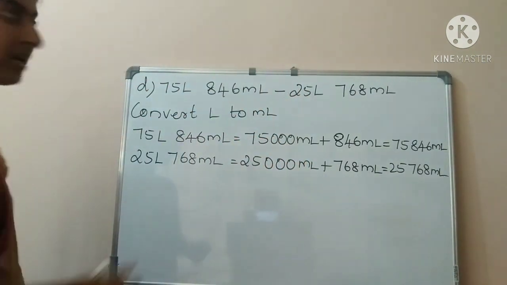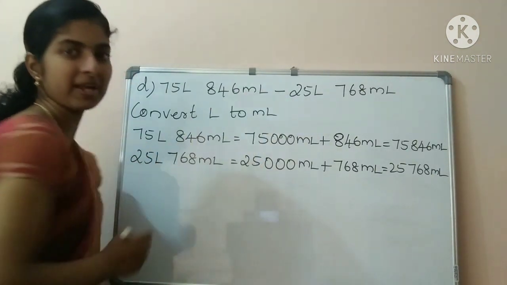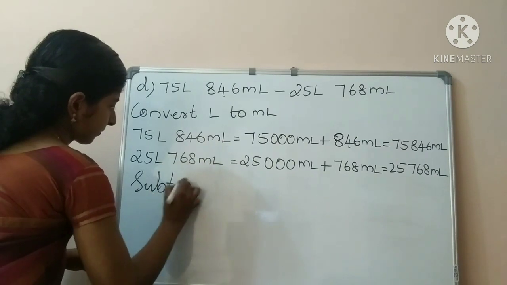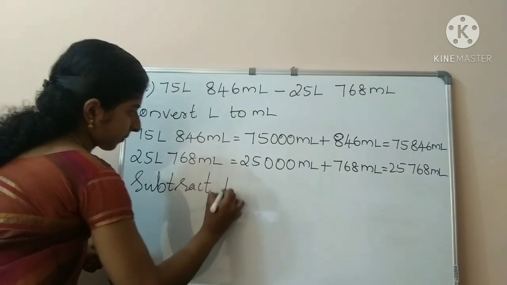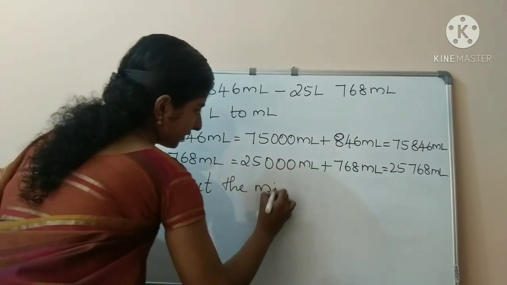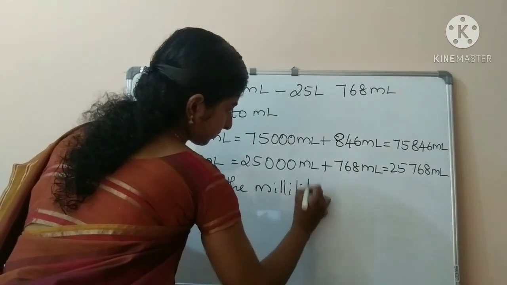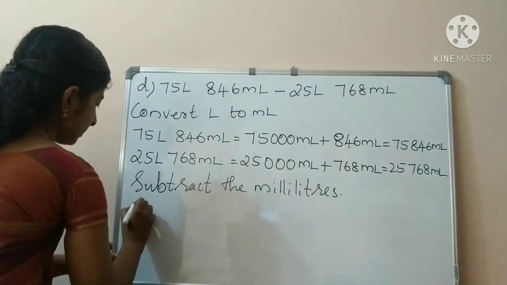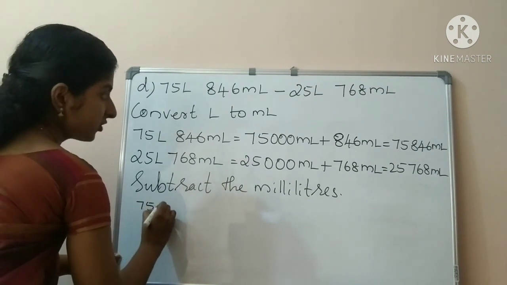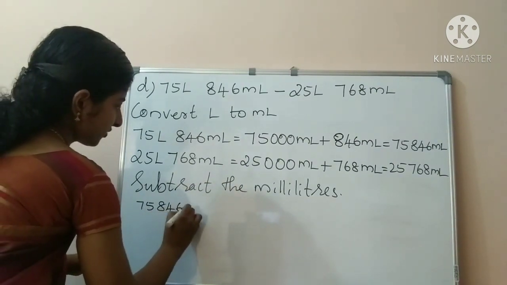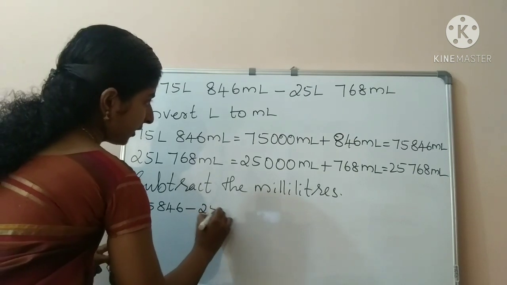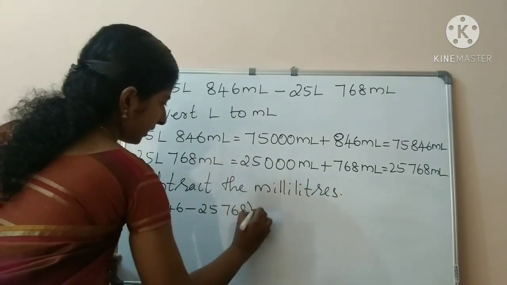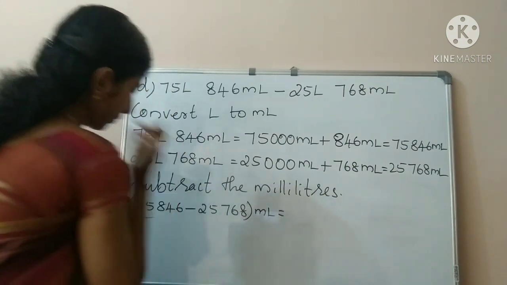Next we subtract. Here subtraction. So, subtract the milliliters. First, 75,846 minus 25,768 milliliter is equal to 75,846 minus 25,768.